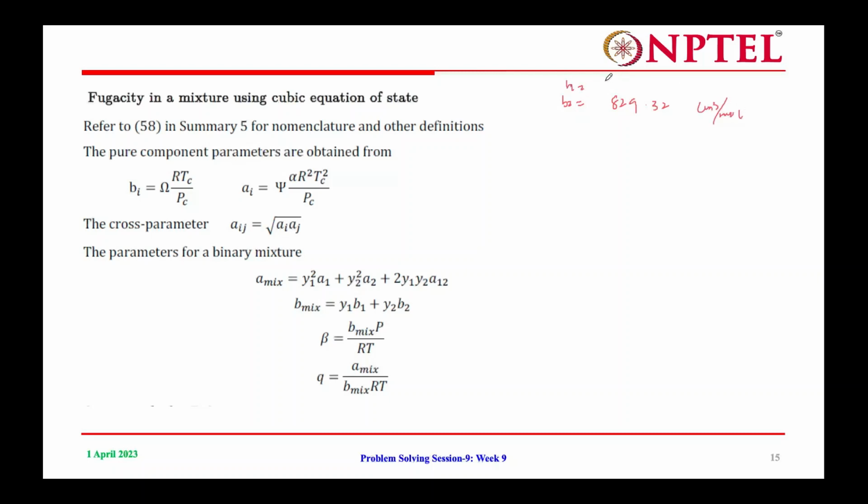B1 is 742.44 centimeter cube per mole, right?